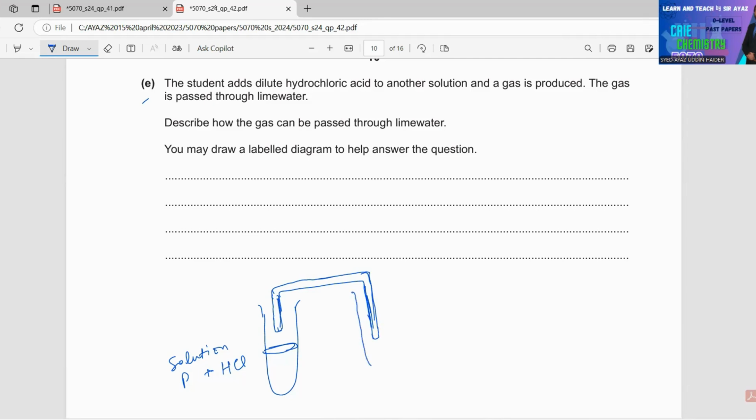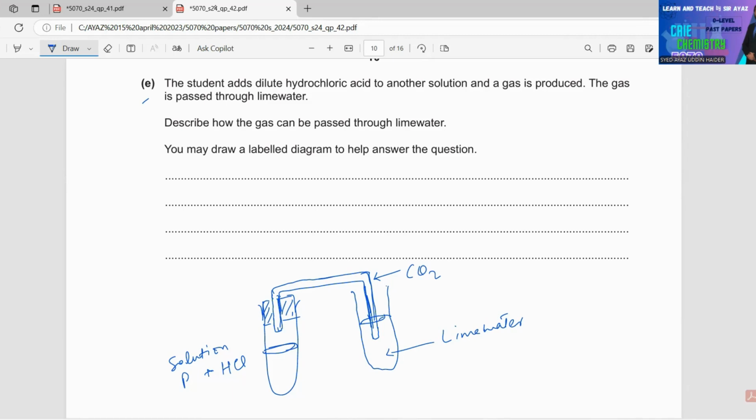Another test tube containing lime water. Here's the lime water. So you'll be having carbon dioxide coming here. This tube must be closed so that the gas will not escape or go out. In this way, you can gain 2 marks.